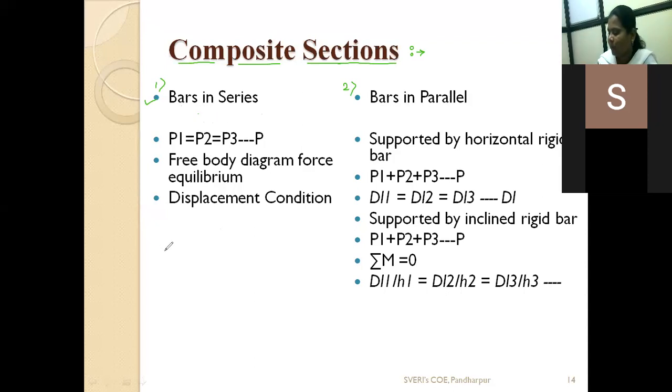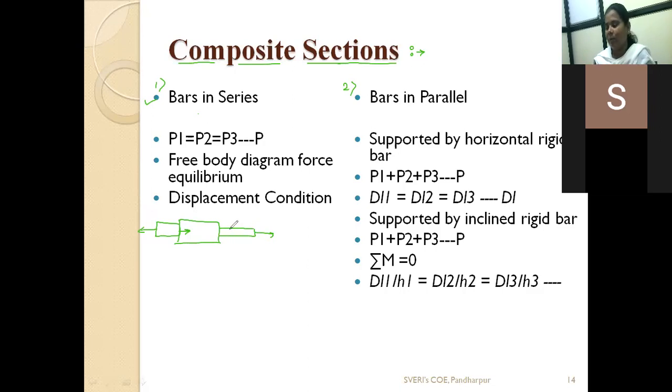What is meant by bars in series? If members or bars are connected end to end, then these bars are called bars in series. बघा पहिला मेंबर एंड होतोय तिथं दुसरा मेंबर जॉईन झालेला आहे, दुसरा मेंबर एंड होतोय तिथं तिसरा मेंबर जॉईन झालेला आहे. सो दिस मेंबर और बार इज कॉल्ड एज bars in series.